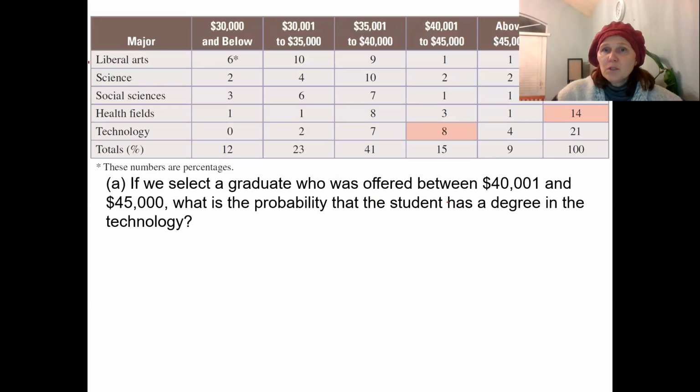We select only the students with the starting salary from 40 to 45. This is our new sample space. If we call this event F, the question is, what is the probability that the student has a degree in technology? Let us call this event T.